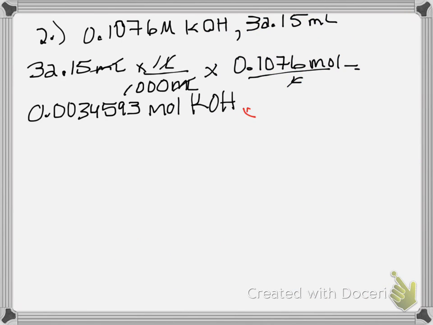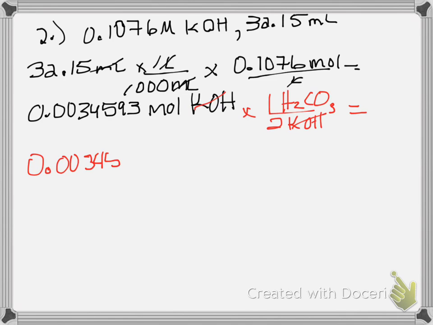So I can create a molar ratio, where I put KOH on the bottom because I want to cancel it, and I put the acid of interest on the top. Okay, so KOH cancels, and that means that we know how many moles of acid were present in the reaction. That's the whole point of a titration, to figure out how many moles of acid there were.